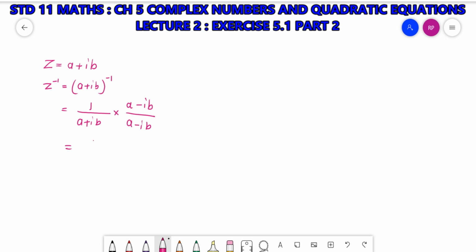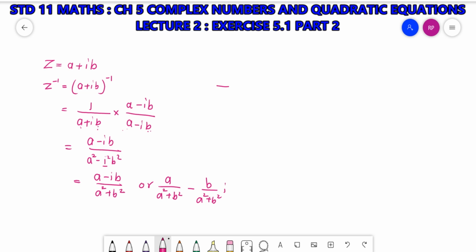Now (a plus ib)(a minus ib) is a square minus i square b square, and what is i square? Minus 1. So this is a square plus b square, and the result is (a minus ib) upon (a square plus b square), or a upon a square plus b square minus b upon a square plus b square i.